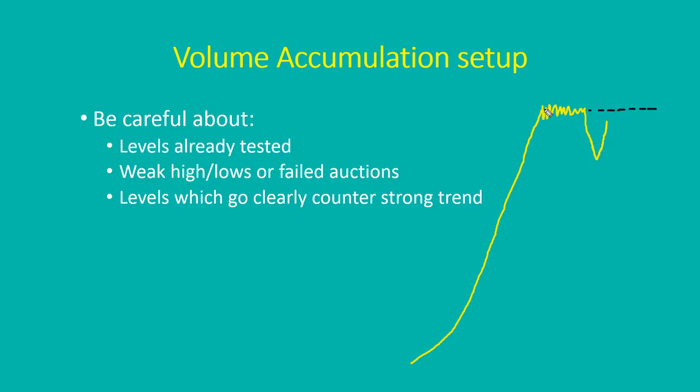Alright, let's say that the heaviest volumes in this rotation are in here. Then it's very risky to enter short in here because it's counter to a strong trend, and especially if there is a weak high like this one. This would be extremely risky to go short from.